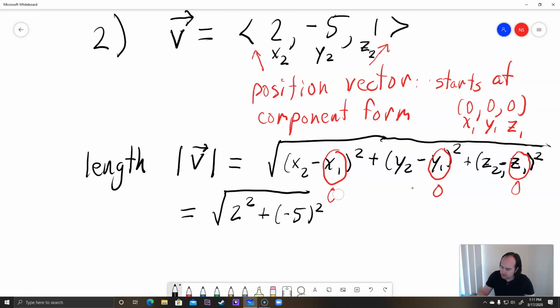And then I'm going to have plus z2, which we said was 1 squared. And notice I put parentheses around the negative 5 because it's negative, and I actually want the square to apply to the negative as well as the 5.